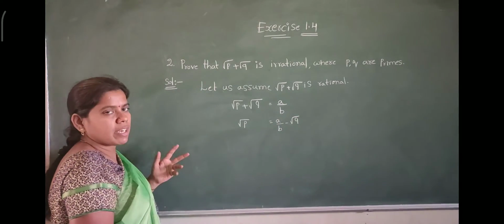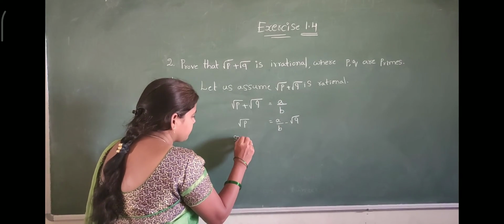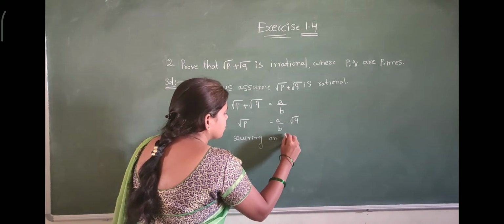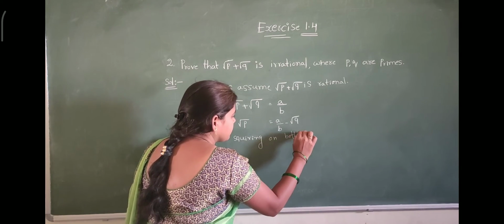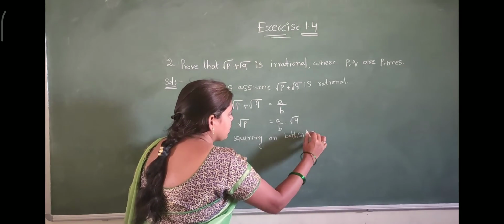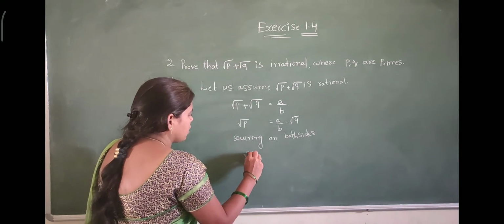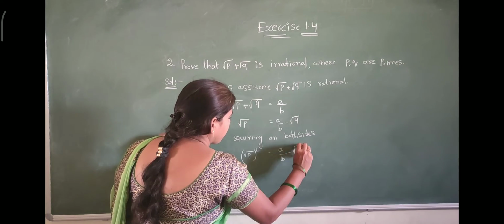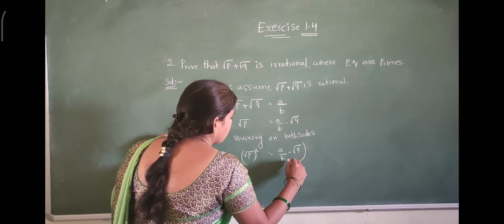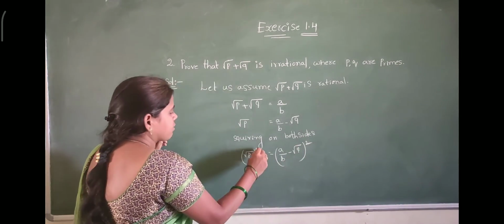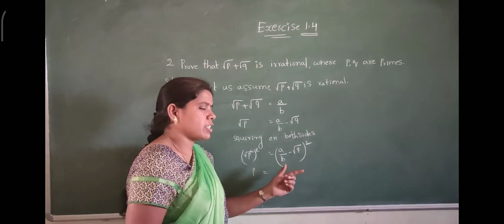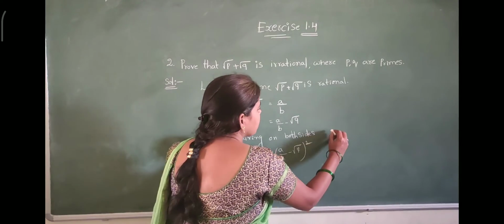Here, squaring on both sides. What will we get? Root p whole square is equal to a by b minus root q whole square. The square root cancels. P is equal to, if you observe, this is in the form of a minus b whole square.